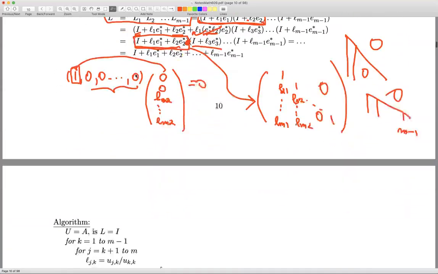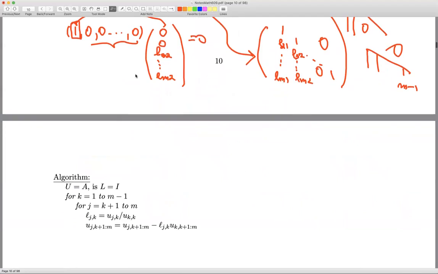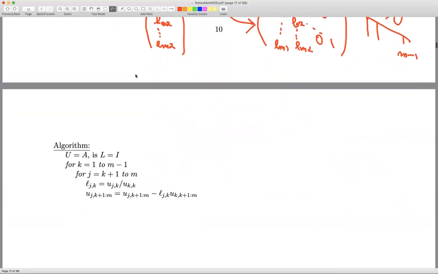Now, what is going to be the actual algorithm if we decide to program Gauss elimination?